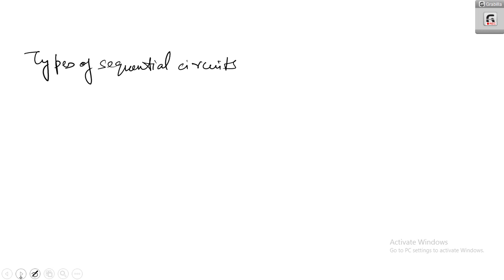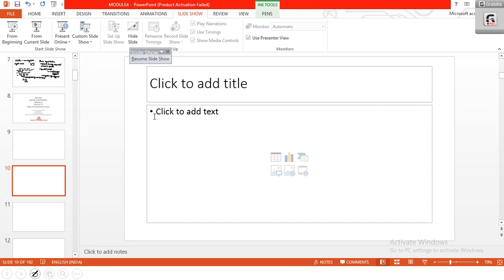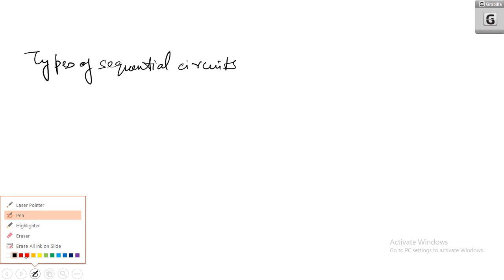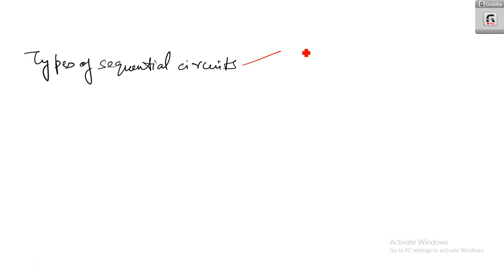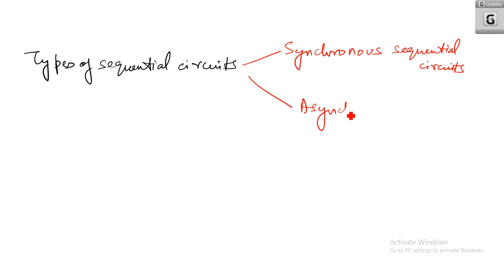First one is synchronous sequential circuits, and second one is asynchronous sequential circuits.